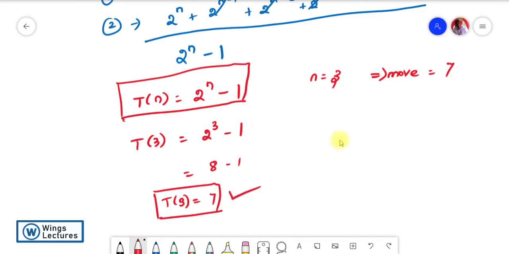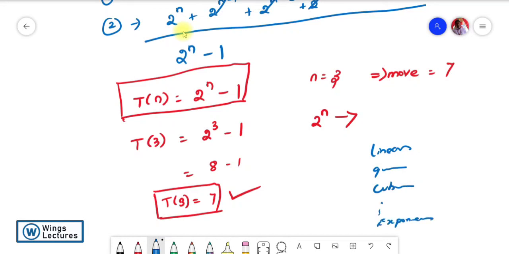Then what would be the time complexity of this algorithm? Already we have found that T of n is going to be 2 power n minus 1. It is going to be the exponential one. As we know from the order of growth, that is linear, quadratic, cubic and exponential, right?